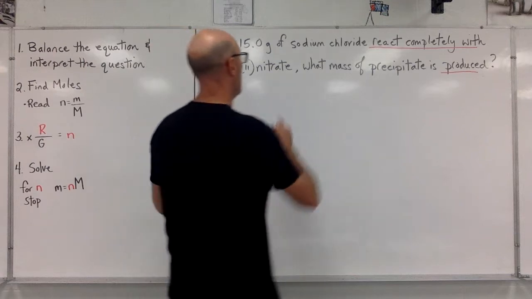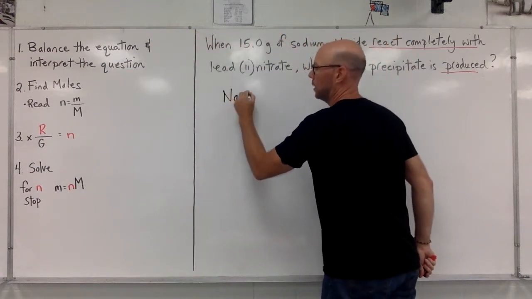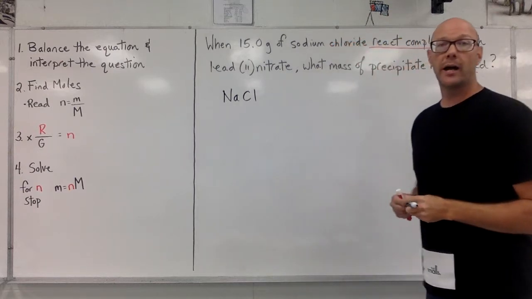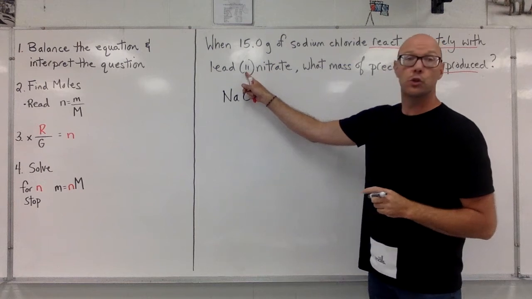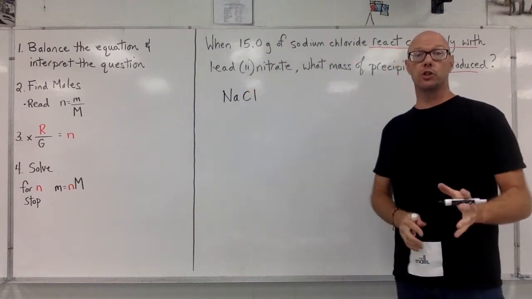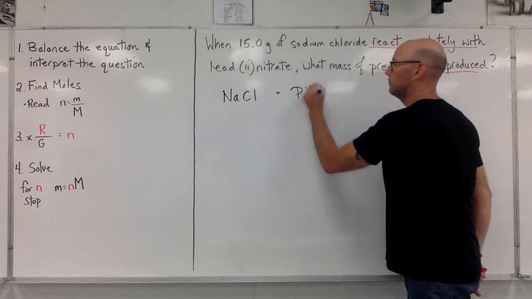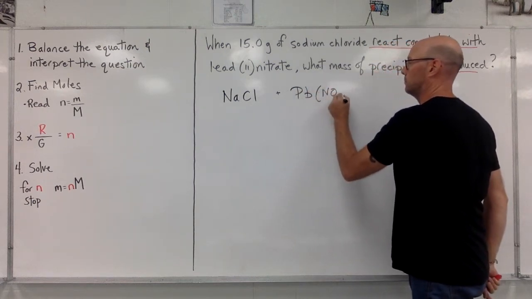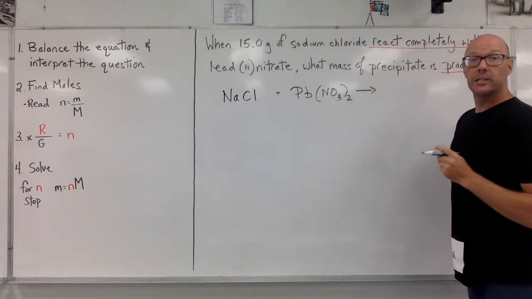Here we go. Sodium chloride, you know it. Sodium 1 plus, chloride 1 minus, react with lead 2 nitrate. Lead with a 2, Roman numeral 2, means the charge is 2, and nitrate is a 1 minus. So this is a double replacement reaction.